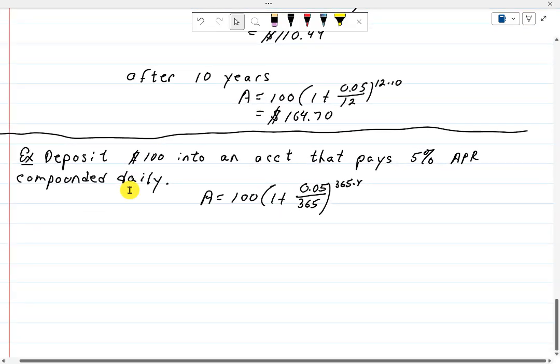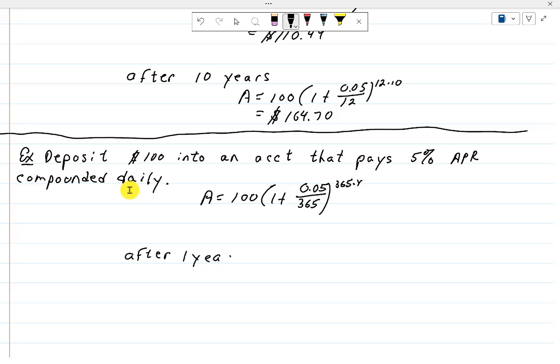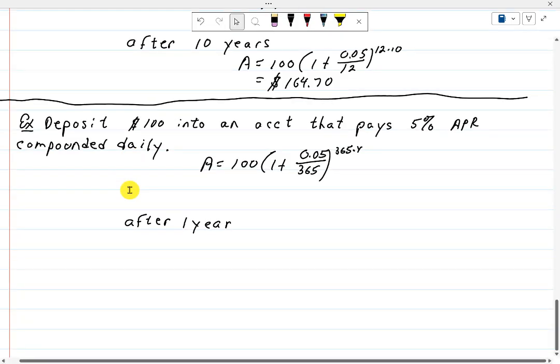Now let's go ahead and plug in our numbers. So after 1 year, I'm pretty certain that most interest is done daily. So your bank accounts and all that are updated every day, for example.